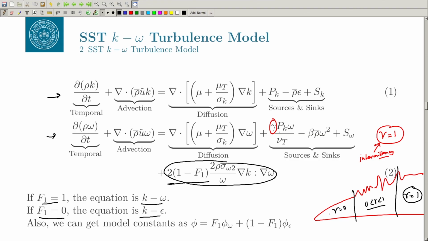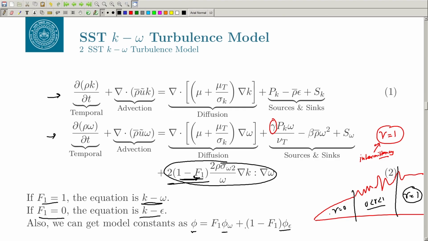But what I am trying to say is that we want to retain the behavior of the k omega model very close to the wall. That will be given by this function 1 minus f1. If f1 equal to 1, the equation is k omega, f1 equal to 0, the equation is k epsilon. Also, we can not only do blending here, but we can use this parameter f1, the blending parameter, to get this behavior everywhere. Let us say you have C epsilon and alpha somewhere.